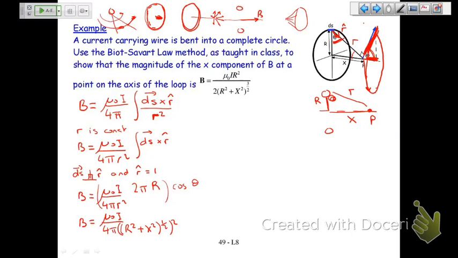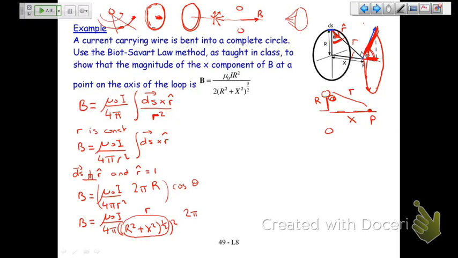My r, my little r, is big R squared plus big X squared to the half. So that's my r, and I've got to square it. That's what that equation tells me to do, yeah? Well, that's all going to cancel out, isn't it? The half and the square are going to cancel out. So that's that bit done.